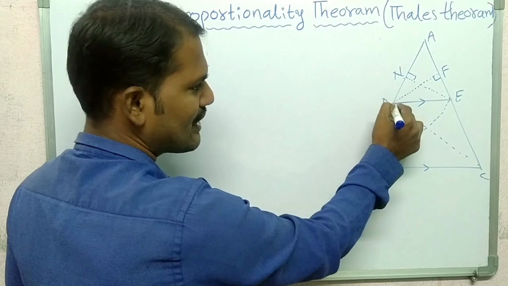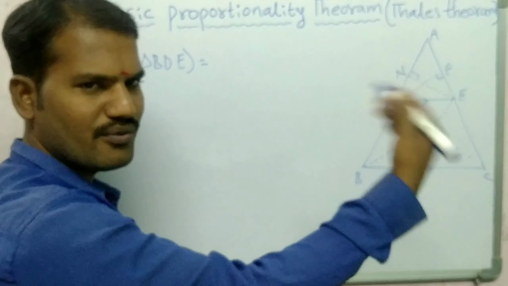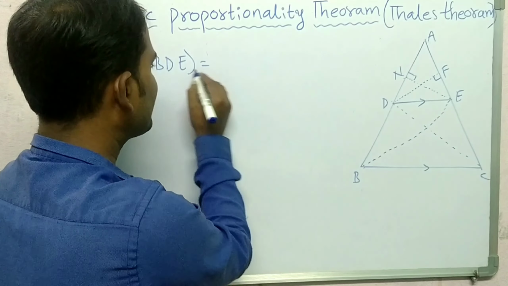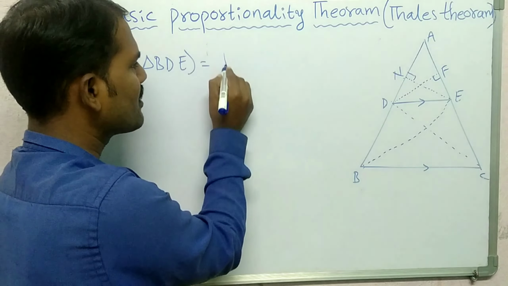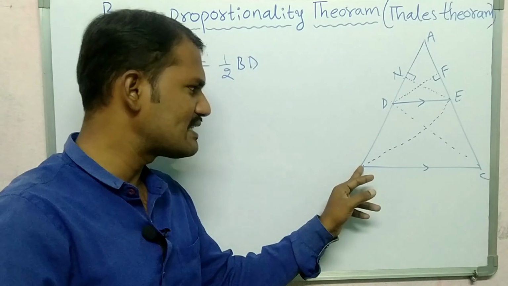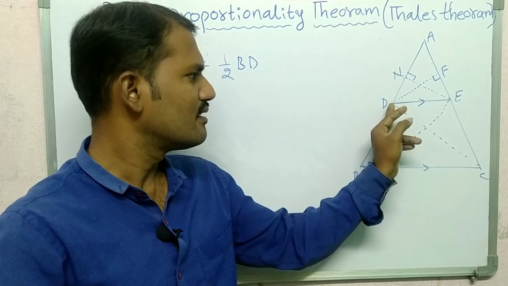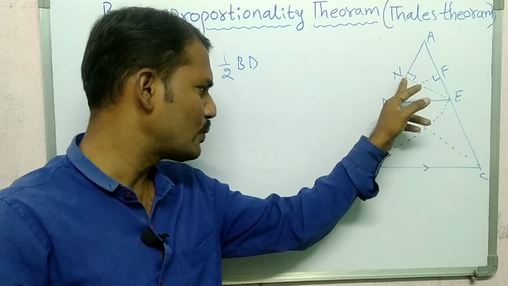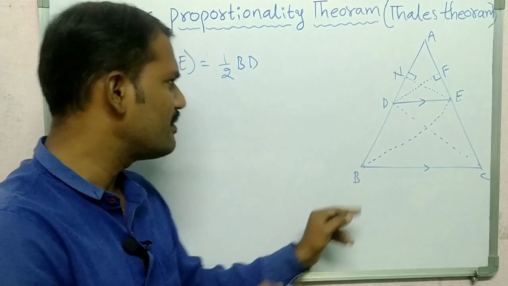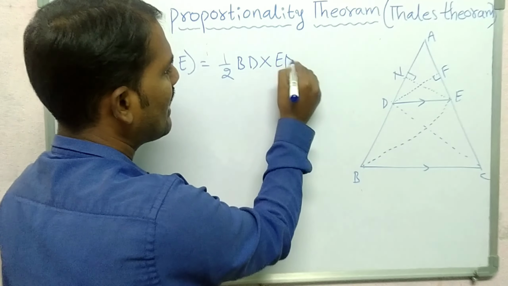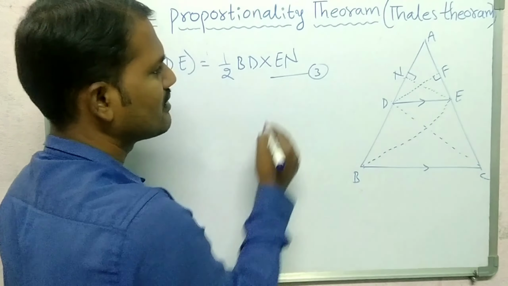EN is perpendicular to BD, as we just discussed. So area of triangle BDE equals half of BD, the base, into the height EN, where DB is extended. EN is perpendicular to DB. So half of BD into EN. This is equation number 3.